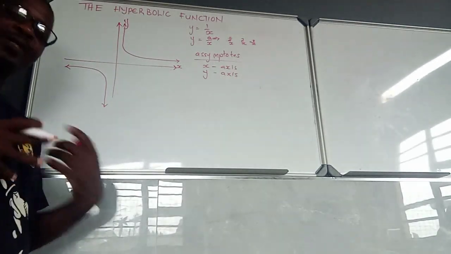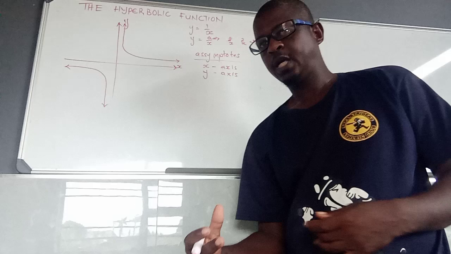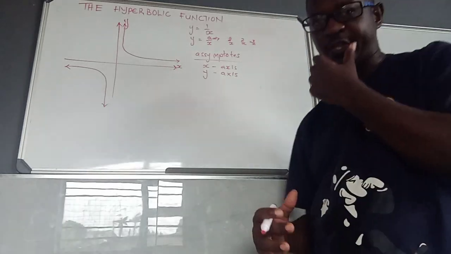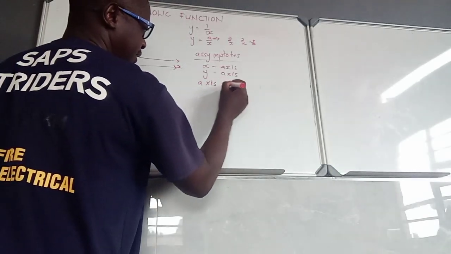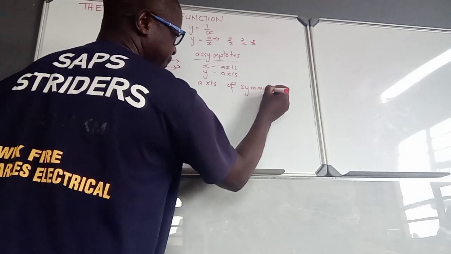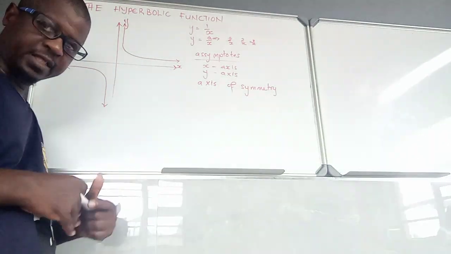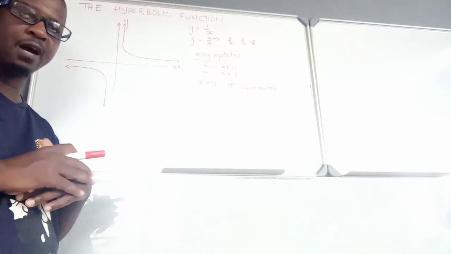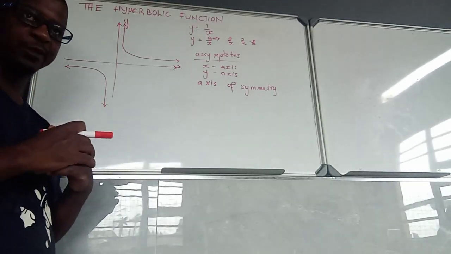Moving on, what else do we want to look at when we are talking about this function? We also would like to talk about the axis of symmetry. What is an axis of symmetry? An axis of symmetry is a line which divides the graph into two equal parts.